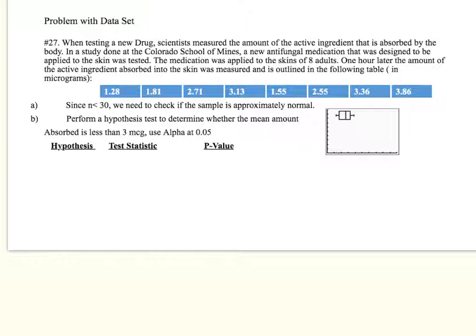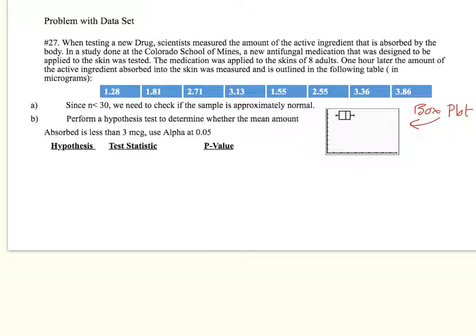And so part A, it says, since n is less than 30, we need to check to see if the sample is approximately normal. To do this, we usually use a box plot. And here I've shown off of the TI-83 or 84, the current box plot.